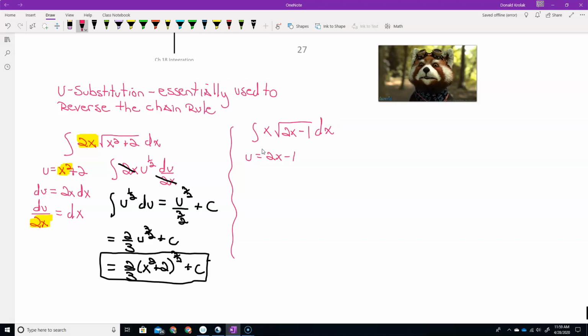I'm going to do the derivative. Now, I wrote it like this last week: du dx equals 2, and then we multiply both sides by dx, and then we divide by 2.